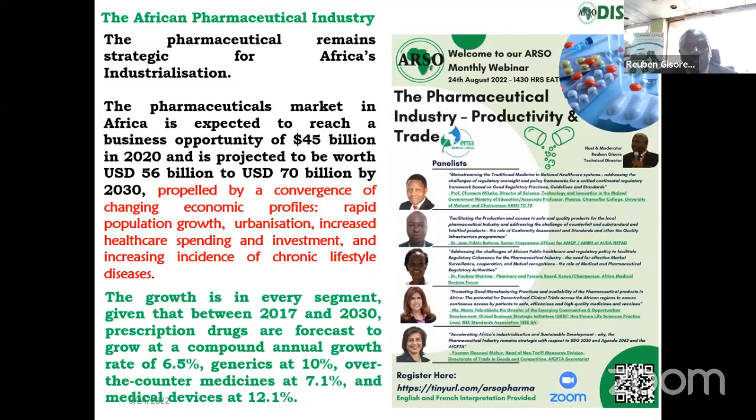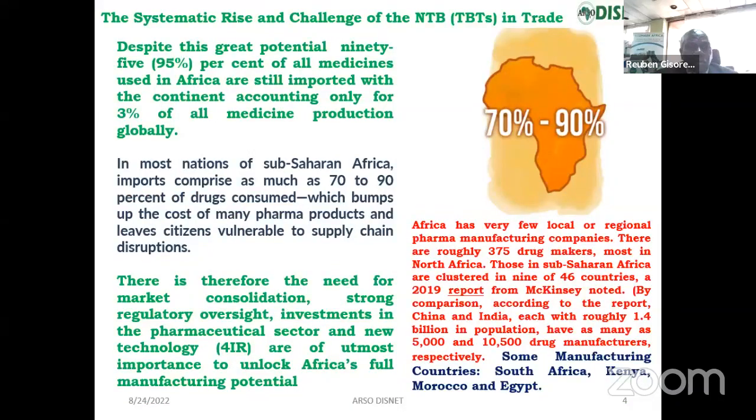But we notice that over 95% of the medicines in the continent are imported, while the continent manufactures barely 3% of all the medicines produced globally.